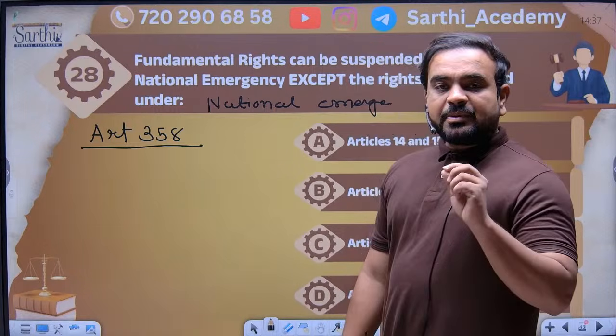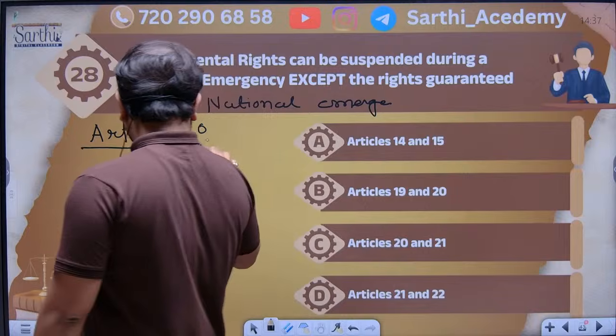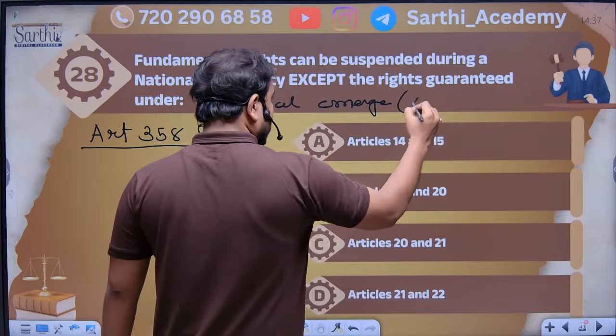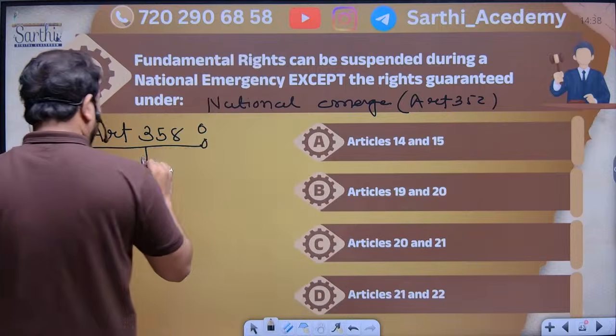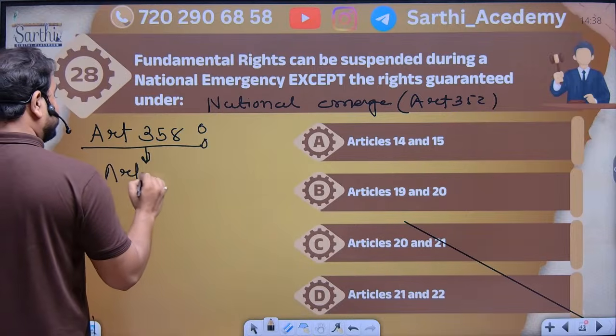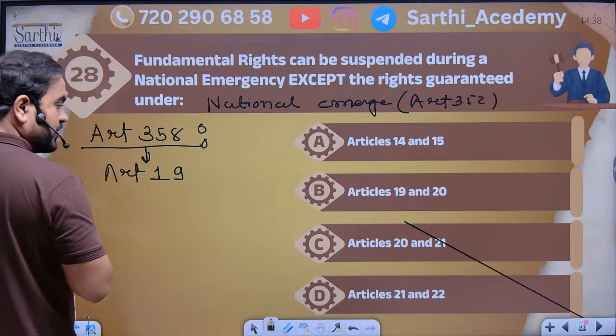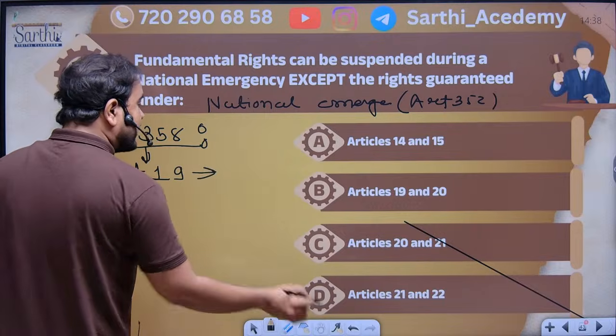And article 358 says that if there is a national emergency under article number 352, then article number 19, freedom of speech and expression, will automatically be suspended.